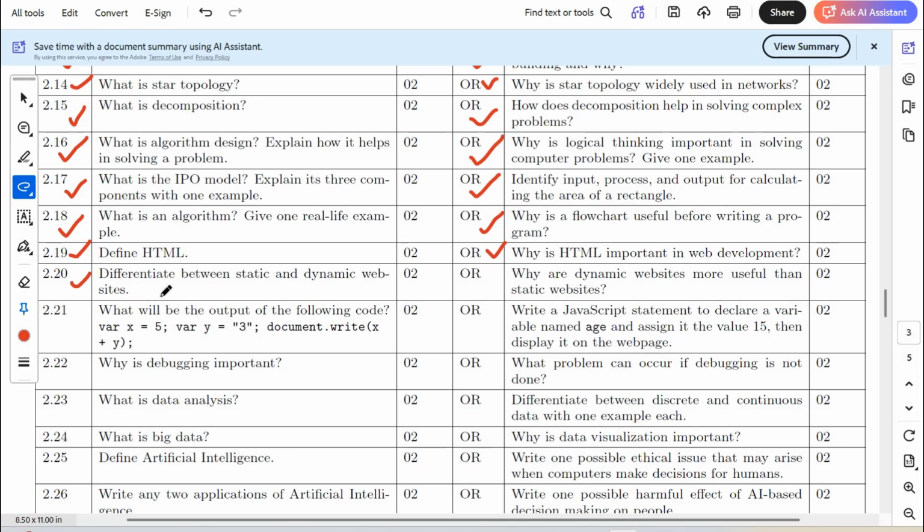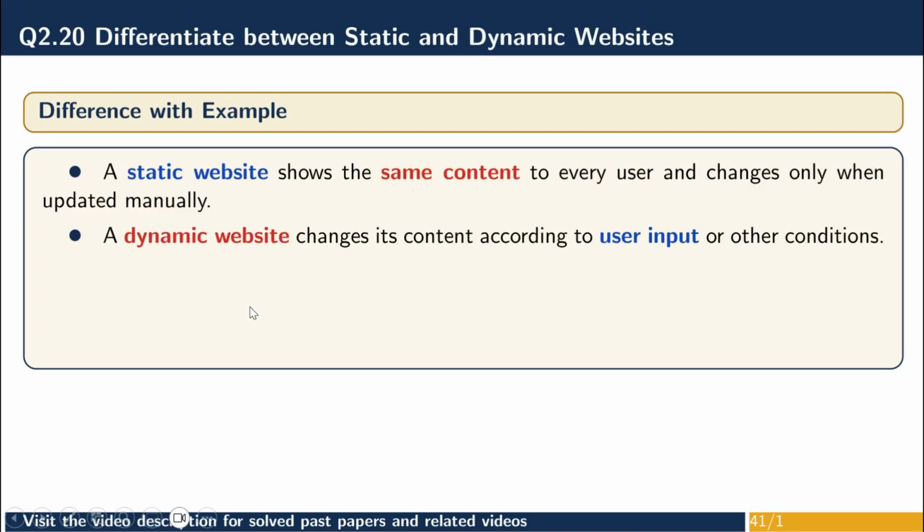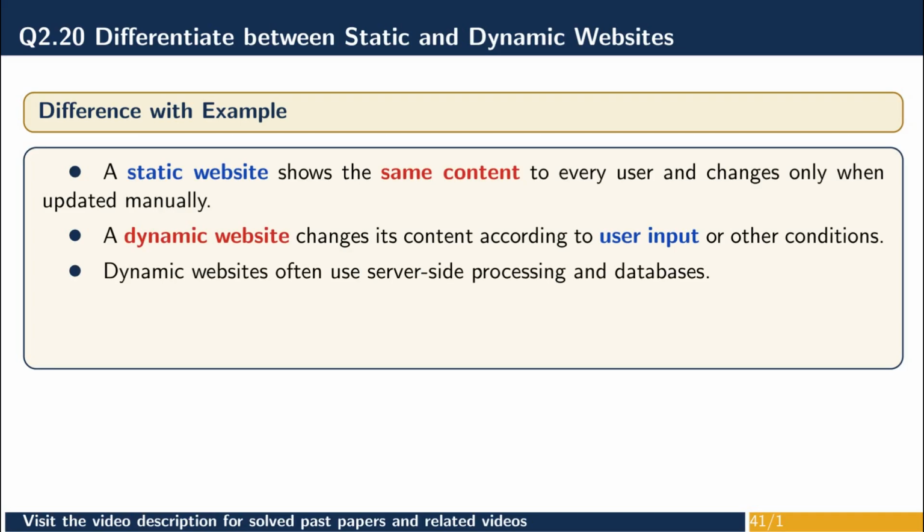2.20 Differentiate between static and dynamic websites. A static website shows the same content to every user and changes only when updated manually. A dynamic website changes its content according to user input or other conditions.